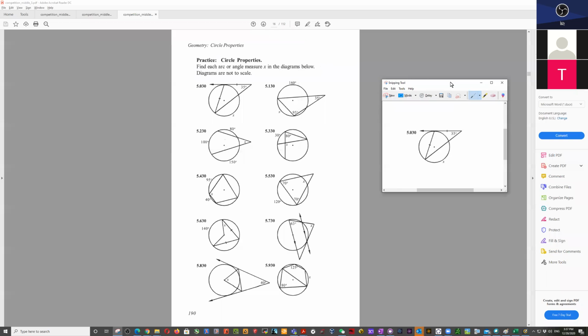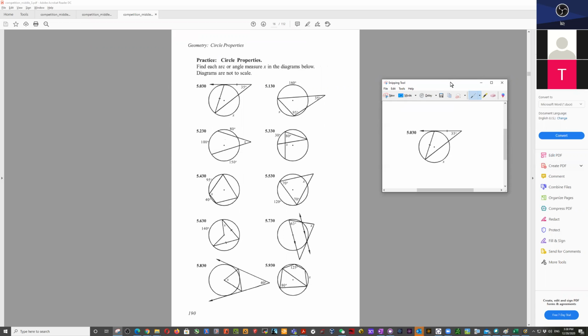By the way, I have never done this problem. Let me see, find each arc, measure X.